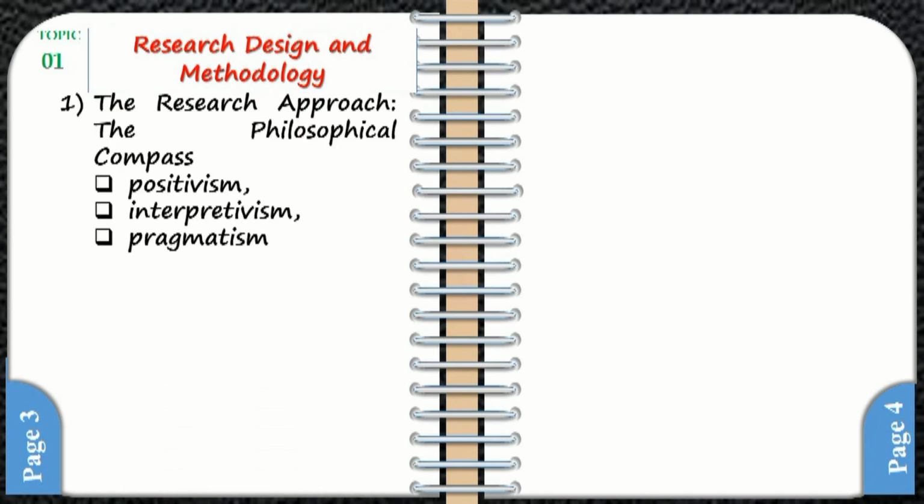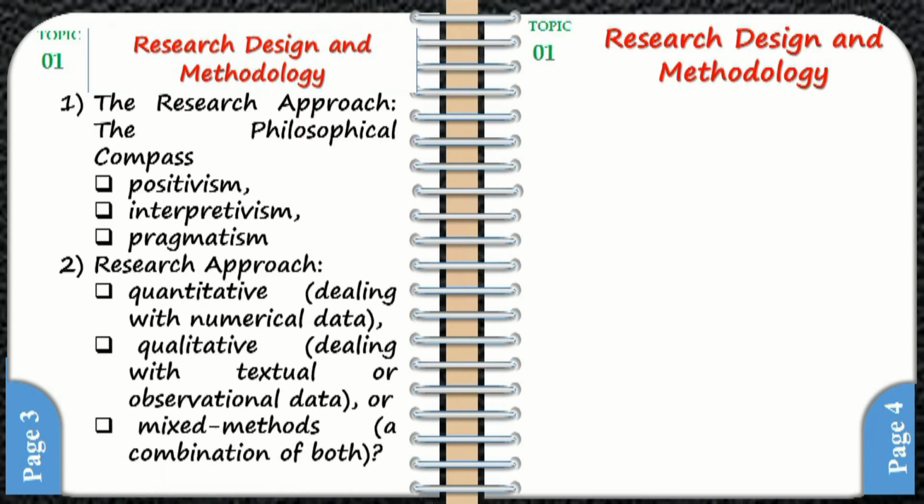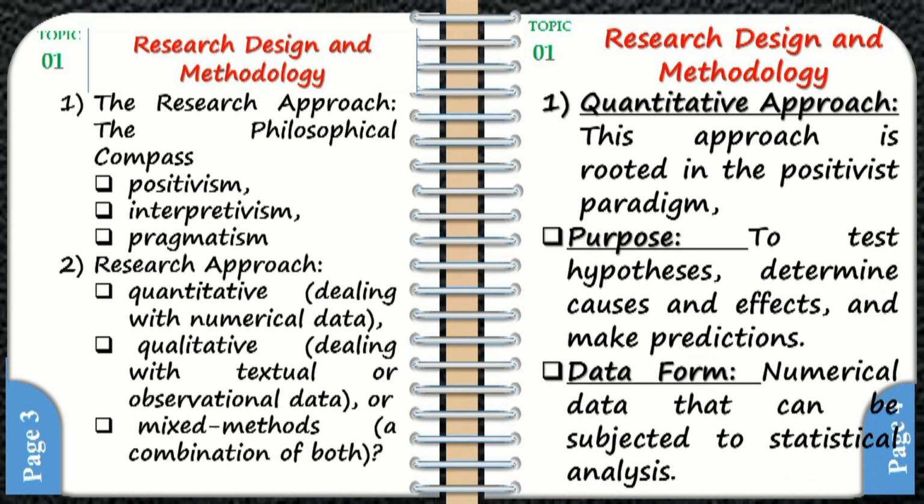The first thing the researcher has to look at is the philosophical compass of the study. What is this philosophical compass, or researcher's philosophical worldview? This includes positivism and pragmatism.